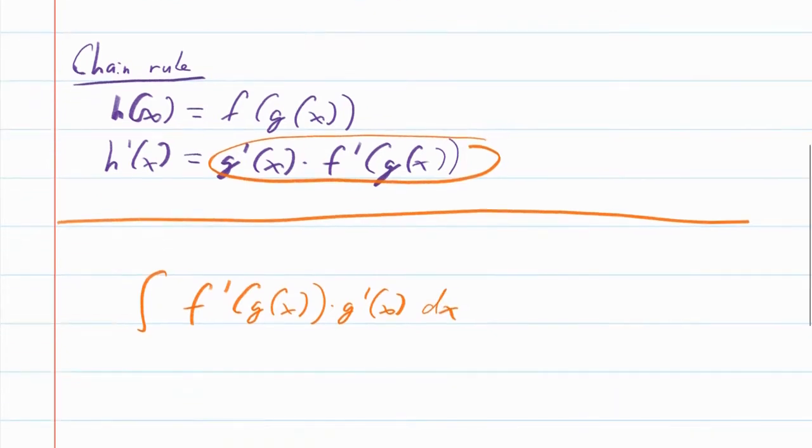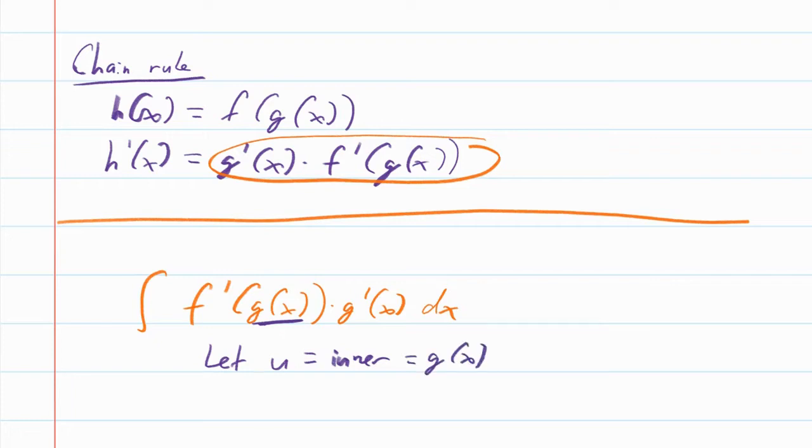So the process that we're going to use is we're going to let a variable u, this is actually the reason why all those years you had me use u as my substituting variable. It really came down to this thing. We're going to let u equal the inner function, which is going to be g of x.